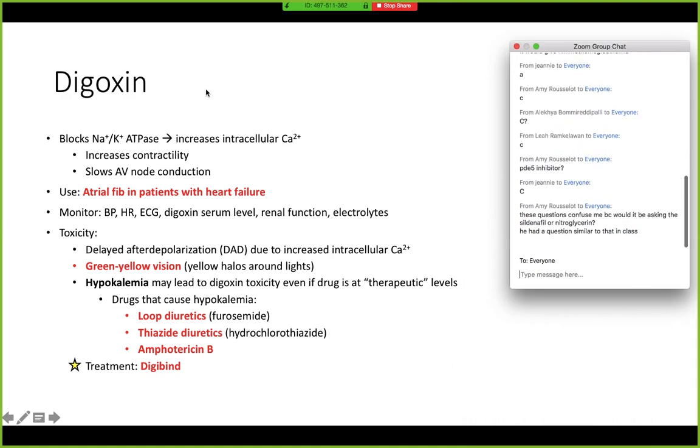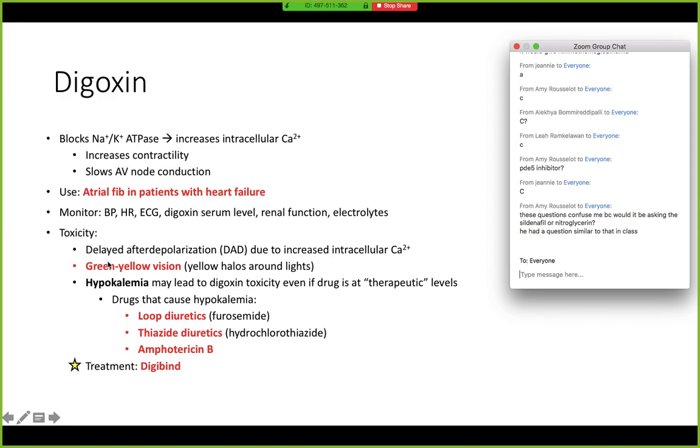Next we have digoxin. Dig is used as first line in patients who have AFib and heart failure. The thing that's probably going to show up on the test though is some of this toxicity.